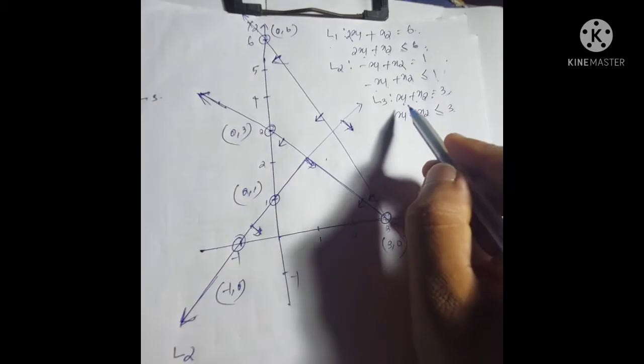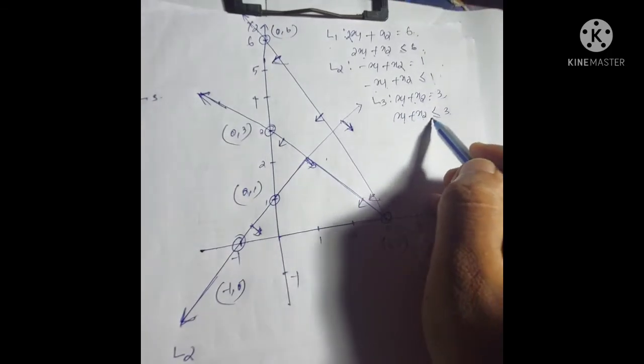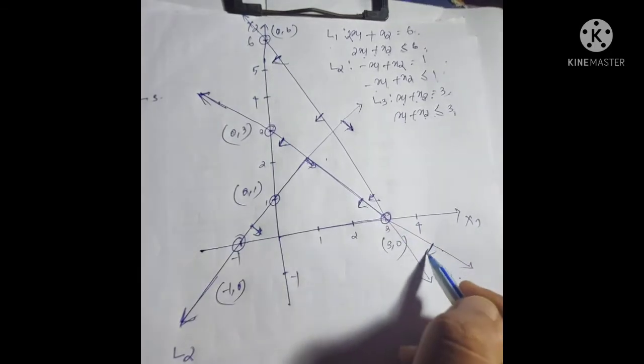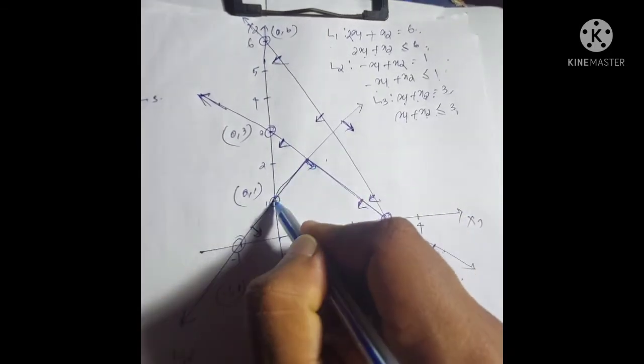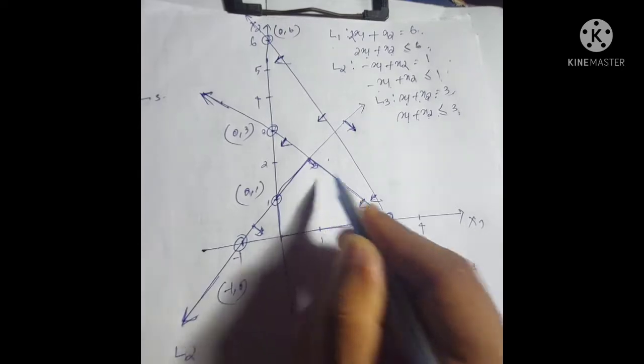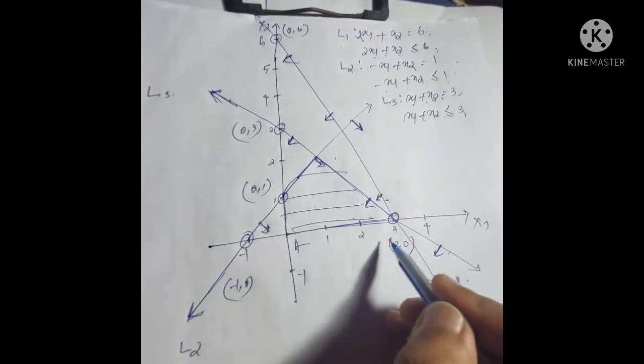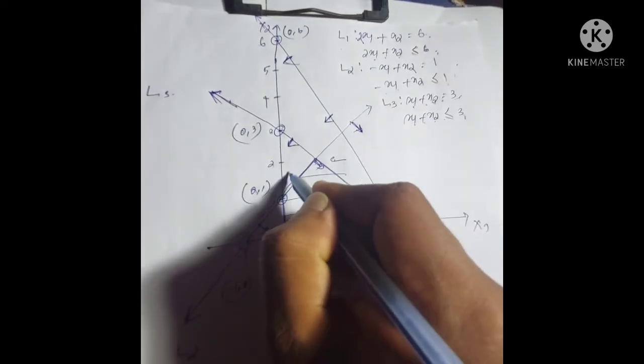And for L3, x1 plus x2 less than or equal to 3, the region will be in this direction. So the feasible region will be this region, named A, B, C, D.